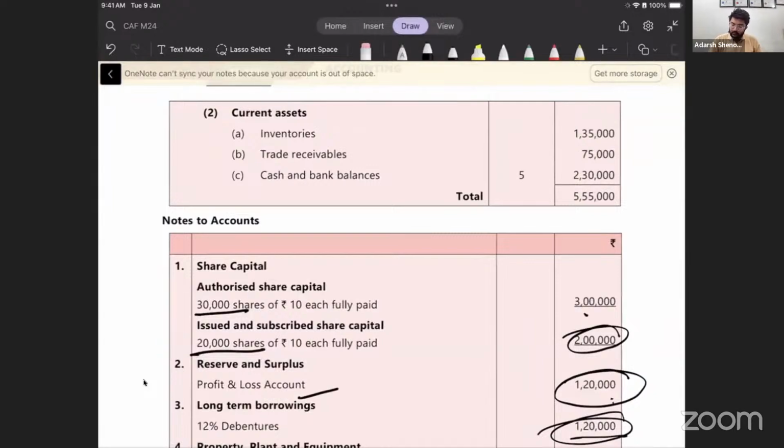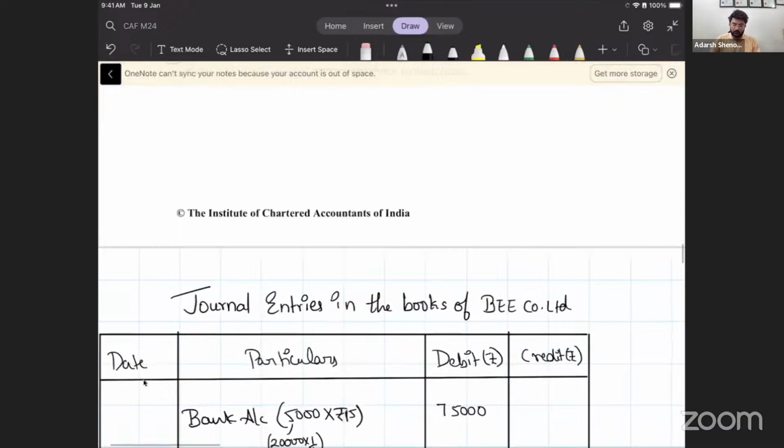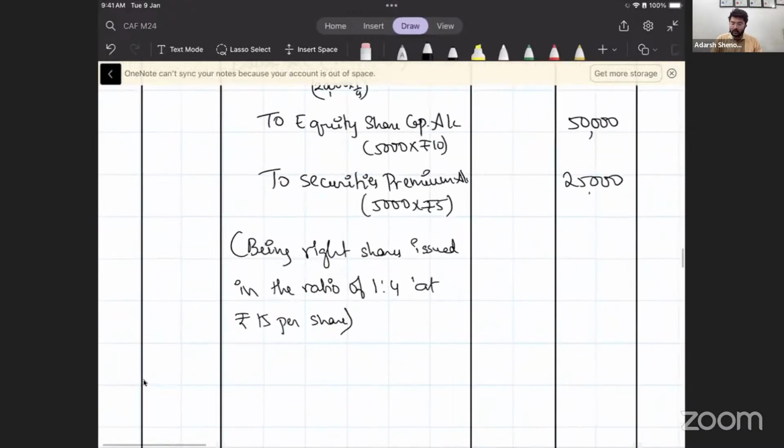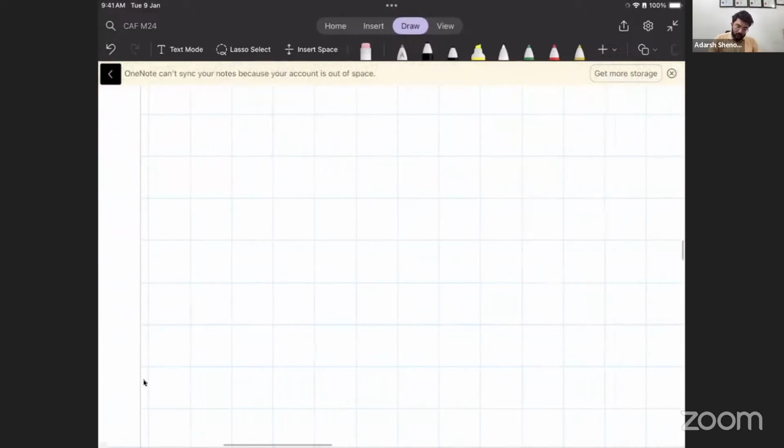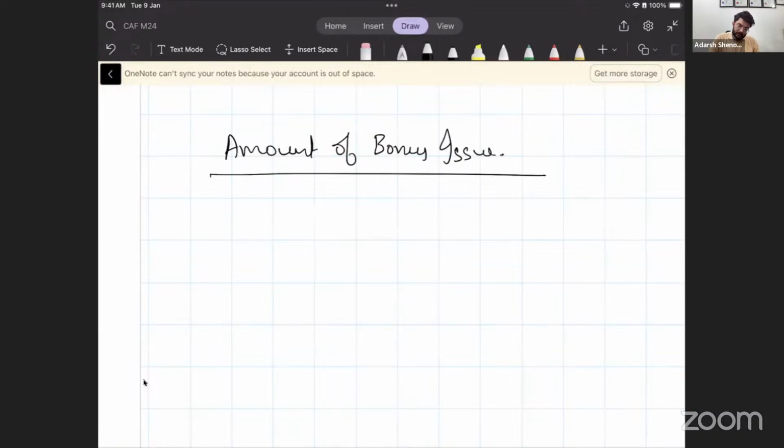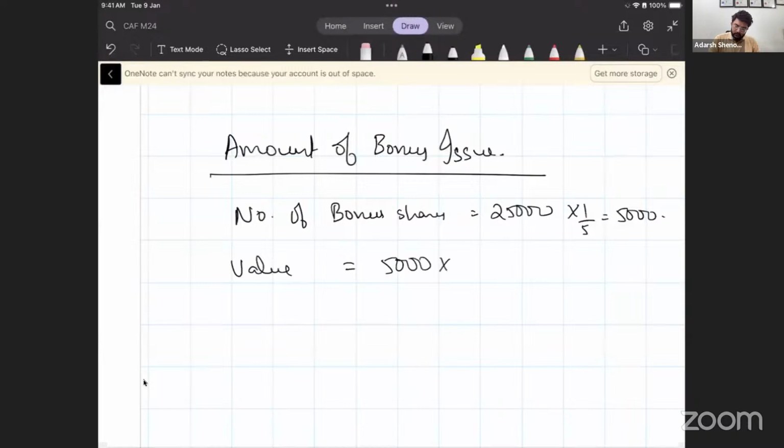Amount of bonus issue: number of bonus shares, 25,000 into 1/5, 5,000 shares. Value: 5,000 into rupees 10. Face value is 10, so amount of bonus issue is 50,000. Now I need profits, free reserves for this 50,000. Do you remember the sequence for bonus issue?